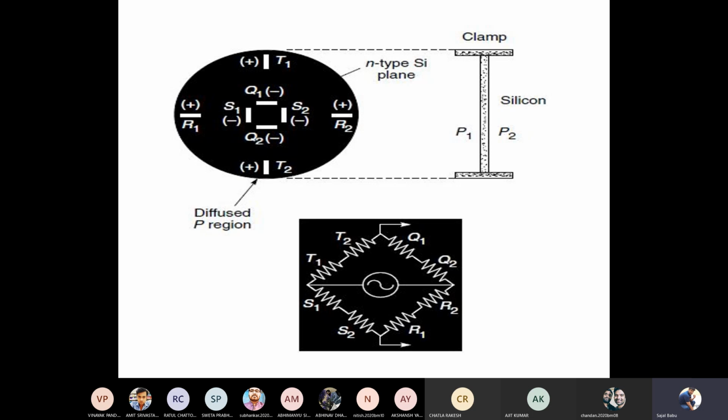Remember one thing, a pure semiconductor is going to have exactly four. The semiconductor materials are those materials in the periodic table which have four electrons in their outermost orbit.